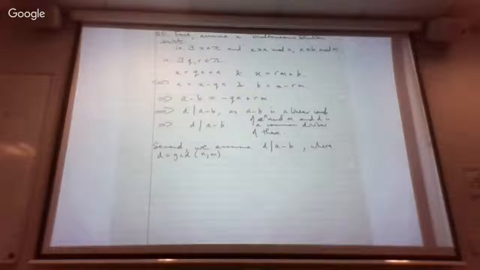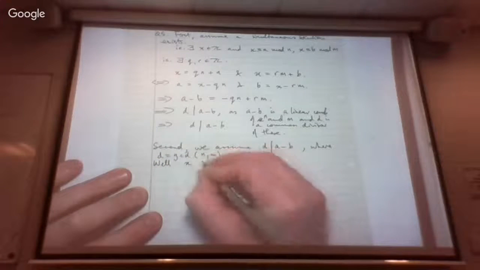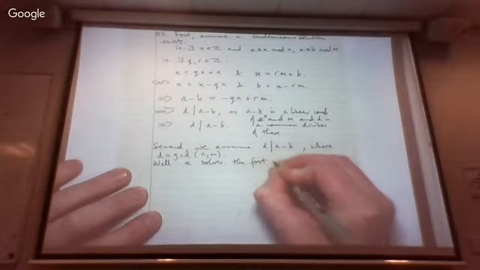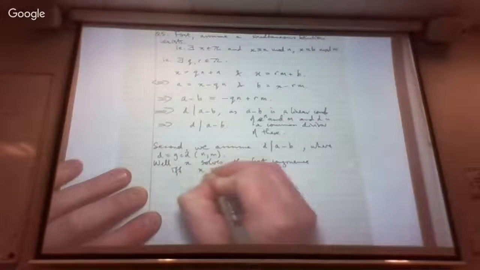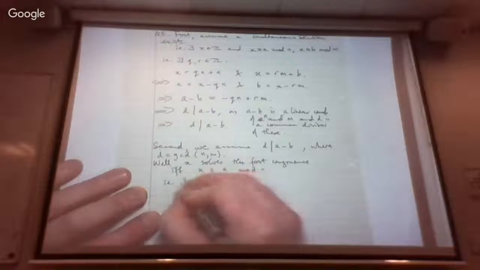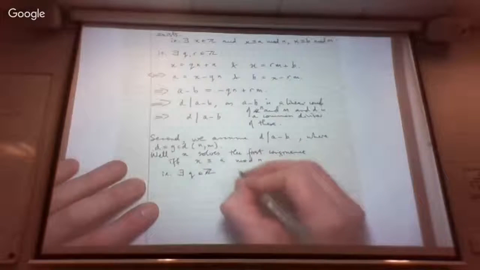I'm looking for an x that solves this and simultaneously solves this. Well, x solves the first congruence if and only if x is congruent to a mod n, i.e. if and only if there exists an integer q such that x is qn plus a.